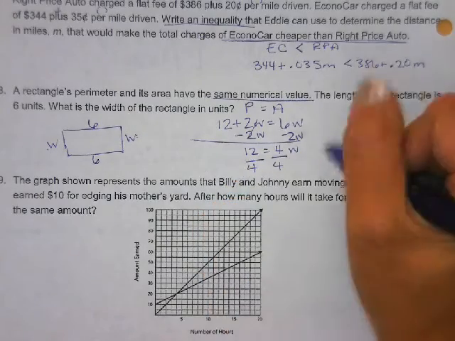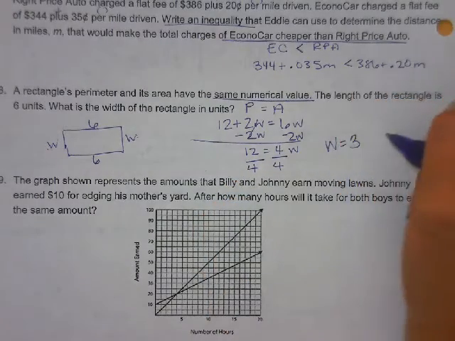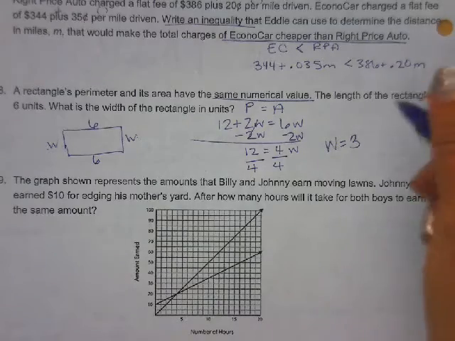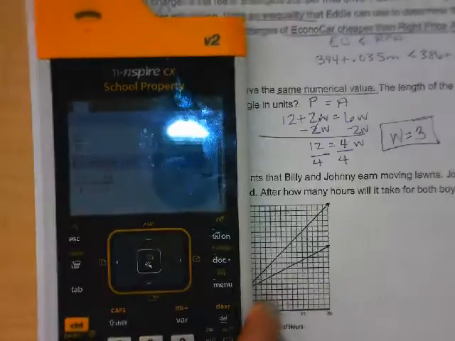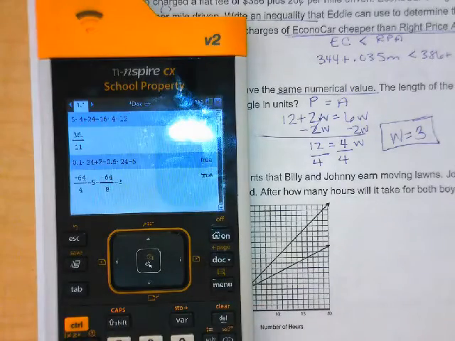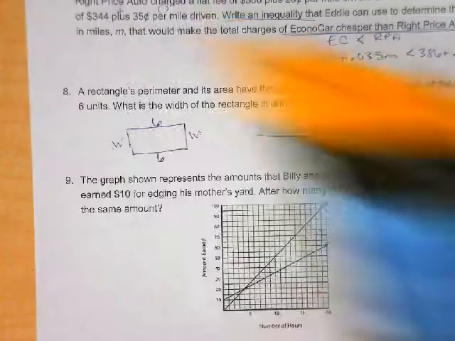Undo the multiply divide, so the width is 3. We don't actually have any units here, so we're just going to go with 3. Do plug it in, as always. We can say 12 plus 2 times 3 is equal to 6 times 3, and we get a true statement, which is what we want.